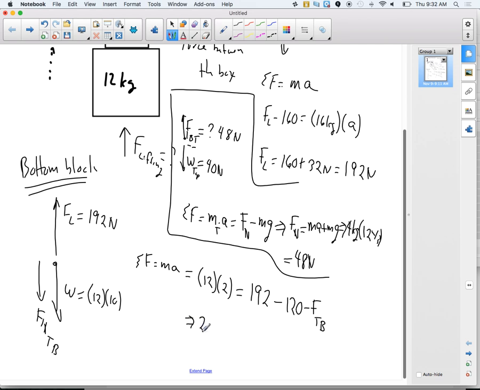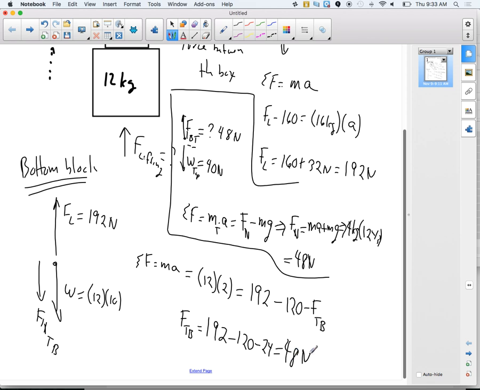So this looks like 24, so I can rewrite this as the force of the top block on the bottom block is 192 minus 120 minus 24, and if I do that out, I'll get that 48 newtons that I had before.